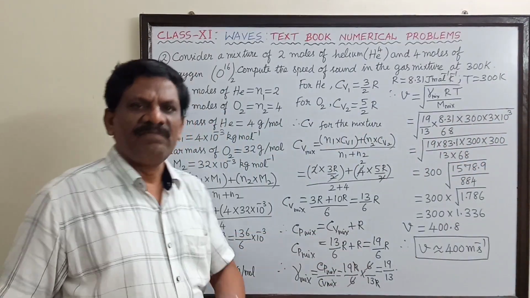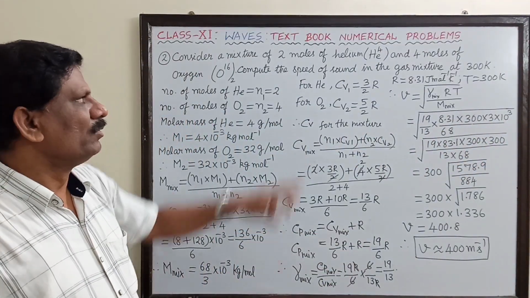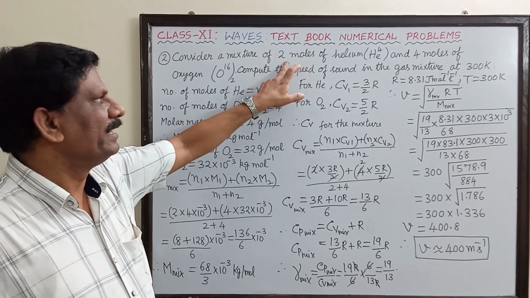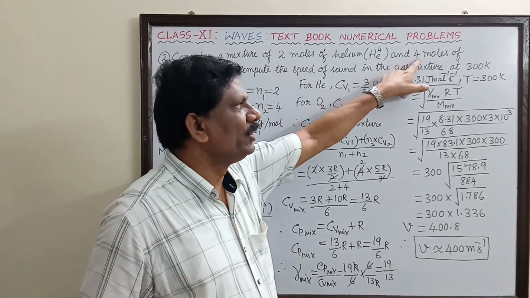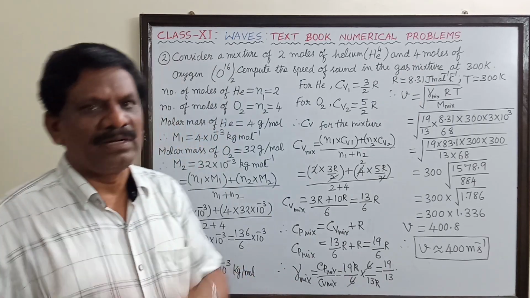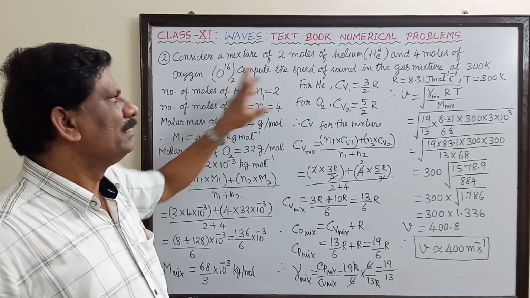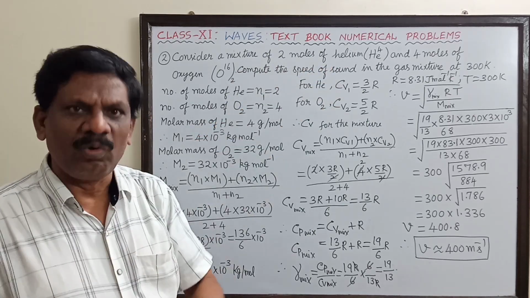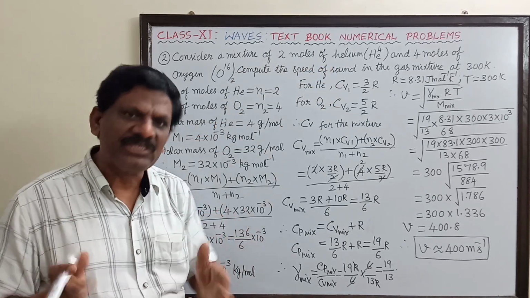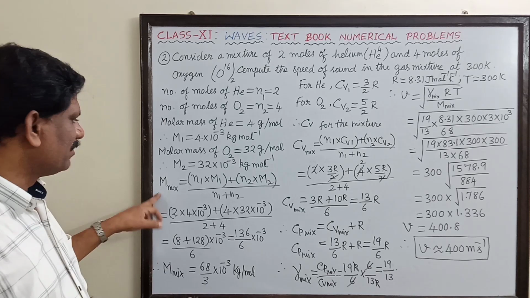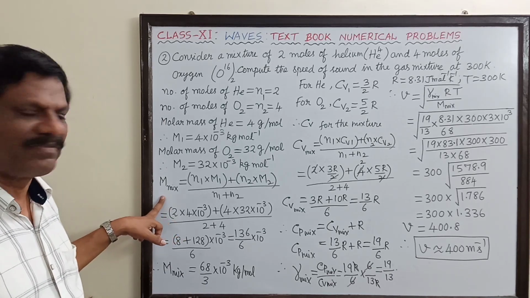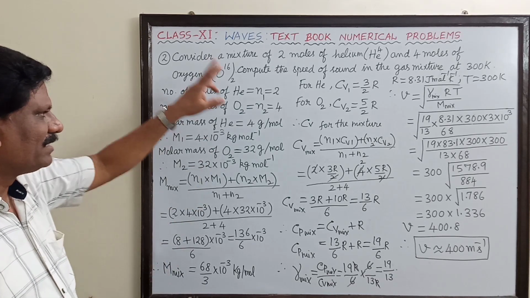Okay, my dear students, first what I told you: note down the number of moles as N1 and N2. Then what is the molar mass? Find out the molar mass for helium and oxygen. Then multiply them by the number of moles and get the mass of the mixture of gases. So the first step is to find the mass of the mixture of gases. The next step is what?